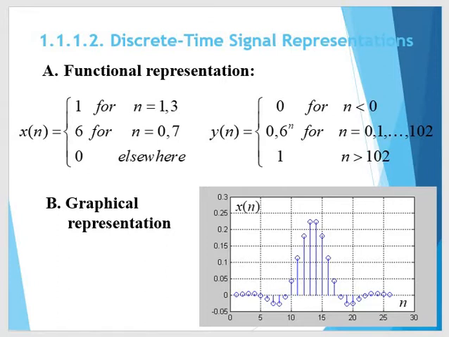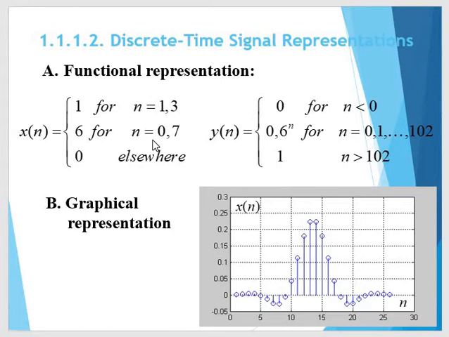Then 6 for n equals 0 and 7. That means at n equals 0, the value of x(n) is 6, as well as at n equals 7. 0 elsewhere. That means in all other positions, the value of x(n) is 0.